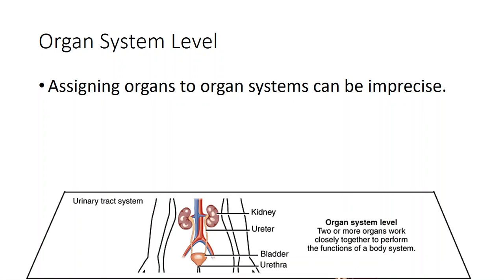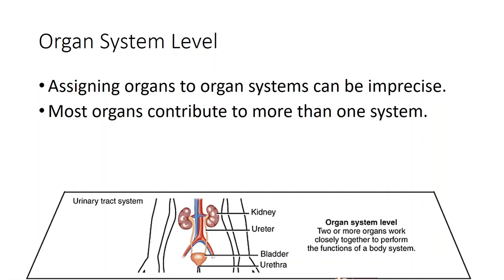For example, blood pressure is controlled by a combination of the renal system, the circulatory system, and the nervous system. Sometimes an organ is part of more than one system.